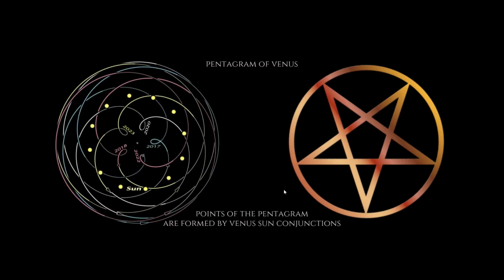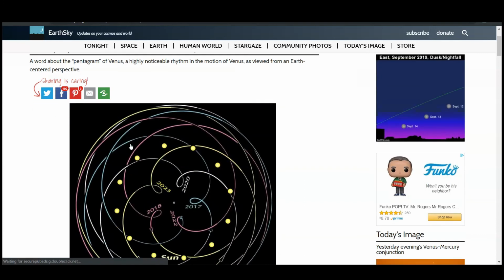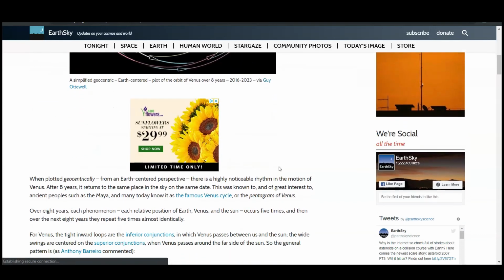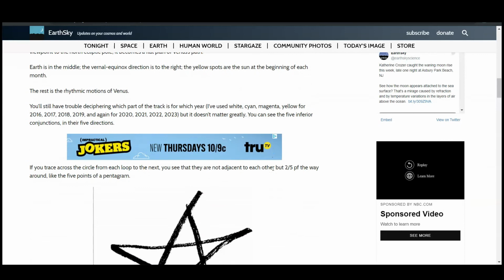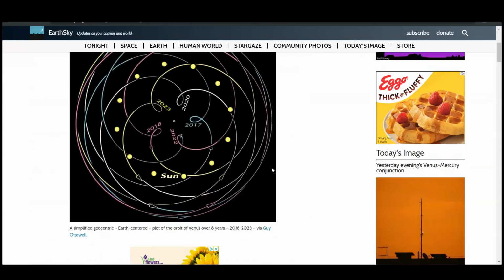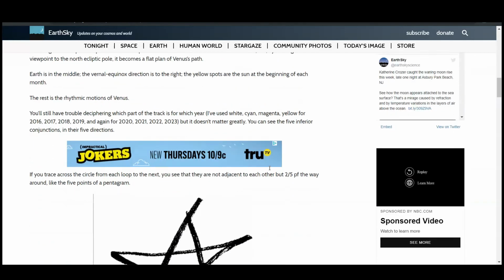Something else that's interesting with this graphic here, as you can see, there's 5 dates listed here for these pentagram points. And if we go and look at the website where I got that graphic from, earthsky.org, they talk all about the pentagram of Venus.